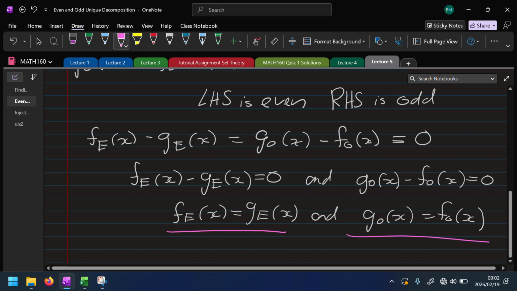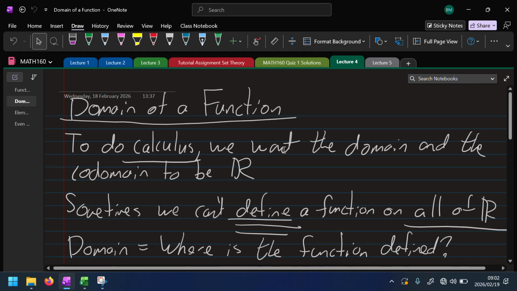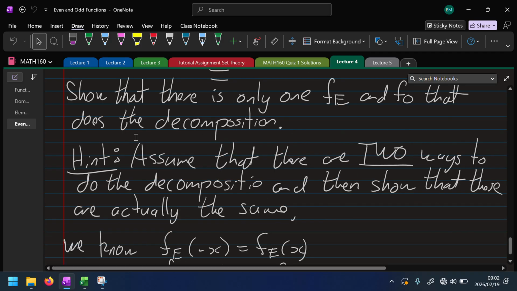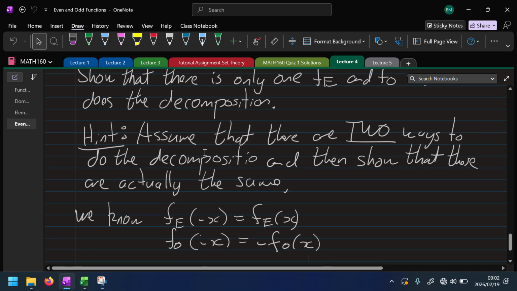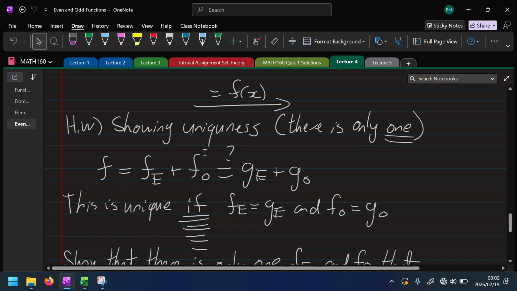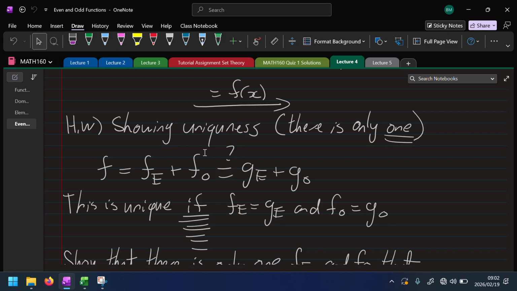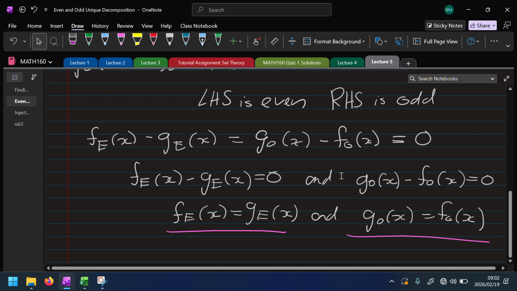So like we had before, if we just go back to lecture 4, this is unique if, very emphasized, we can show this. That was the goal for the homework, to show this. And now we went through all the calculation and we showed that. So it must be unique.